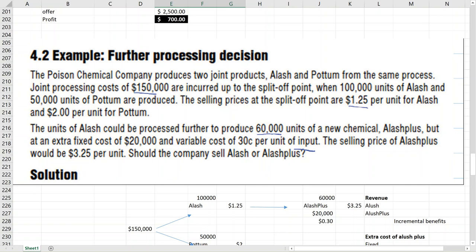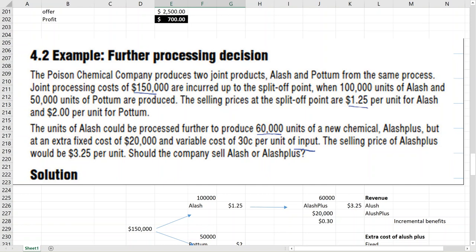In further processing decision, we also have financial factors and non-financial factors. The financial factors are if we further process it, how much is the extra revenue that we will earn and how much is the extra cost that we will be incurring. If the revenue is more than the cost, we will further process it. If revenue is less than the cost, we will not further process it and we will sell it as it is.